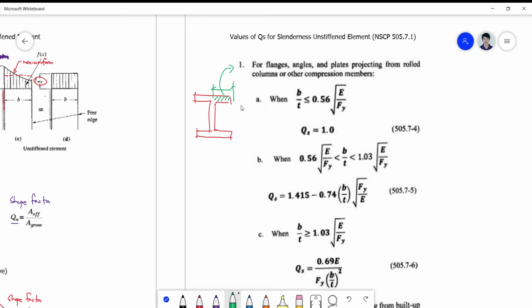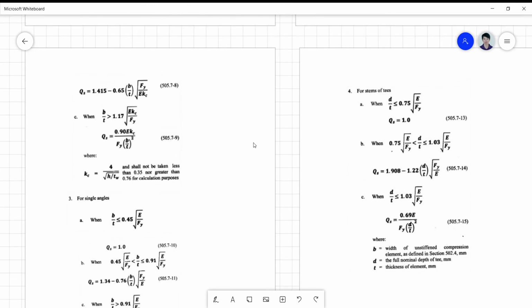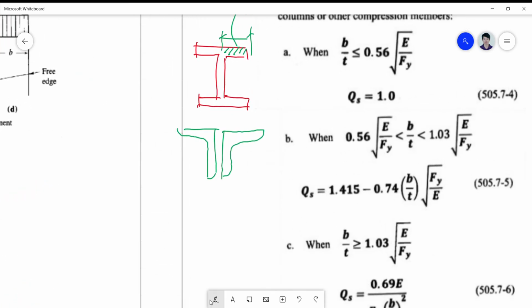For angles and plates projecting from rolled shapes, which means that if the compression member is made up of, let's say, an angle bar like this, you can also consider such projection a case of number 1.